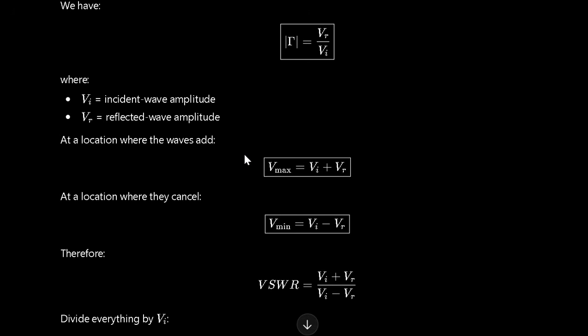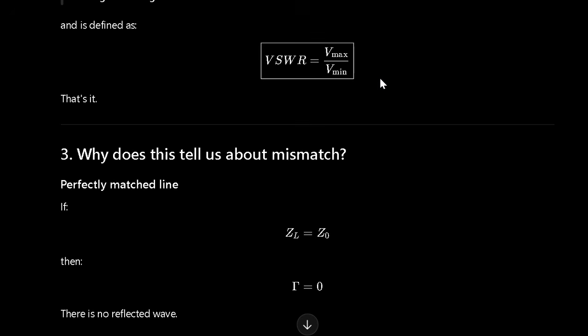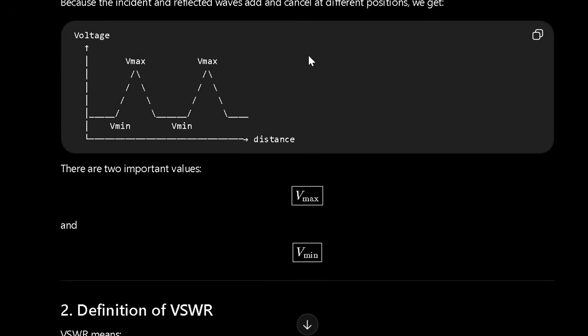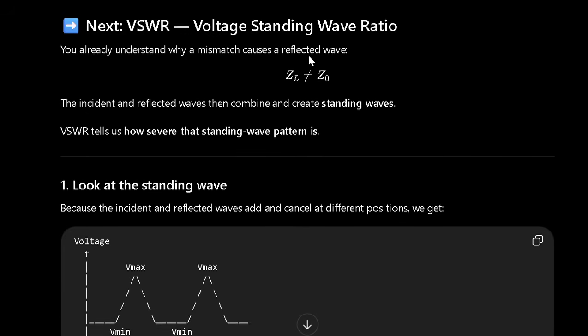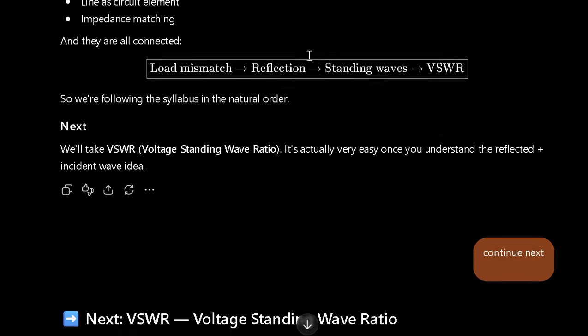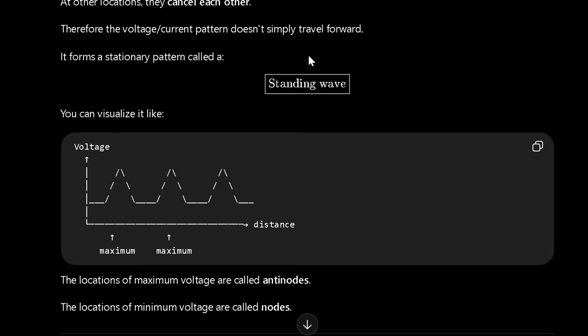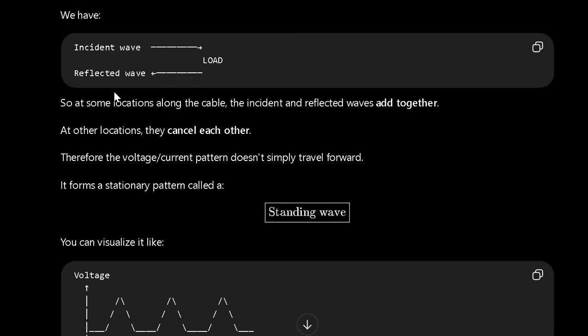At the location where the waves add, Vmax equals V plus Vr. We already looked at this: the incident and reflected waves add together, Vi plus Vr, and where they cancel it is Vi minus Vr.